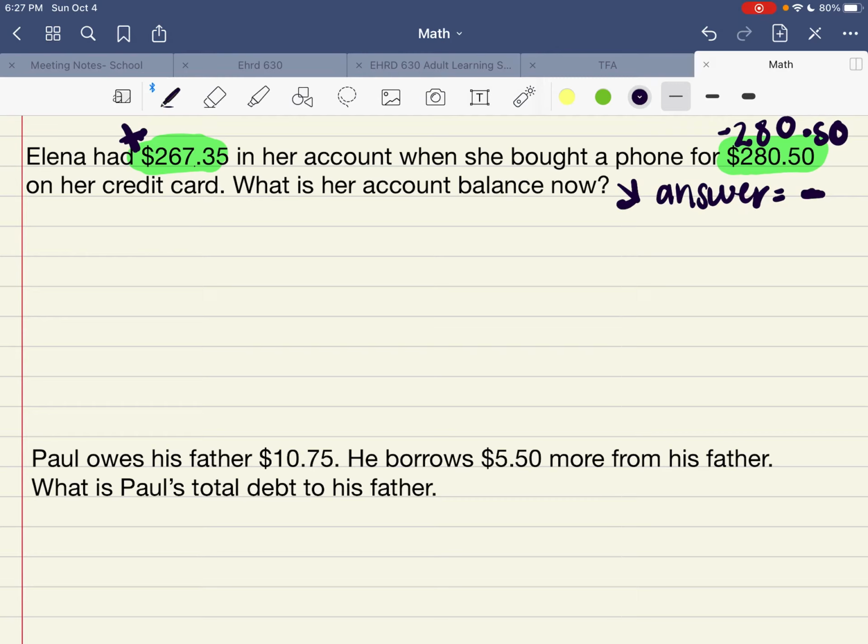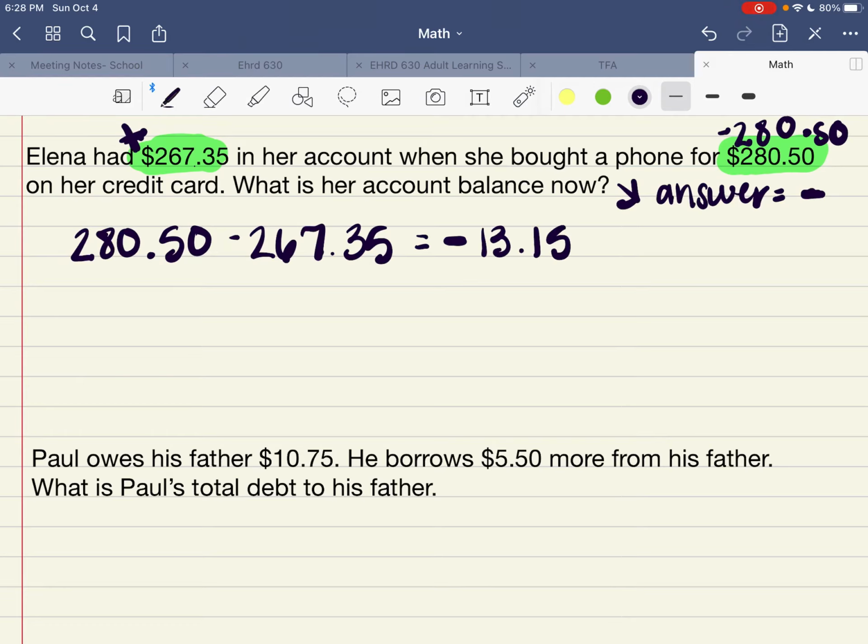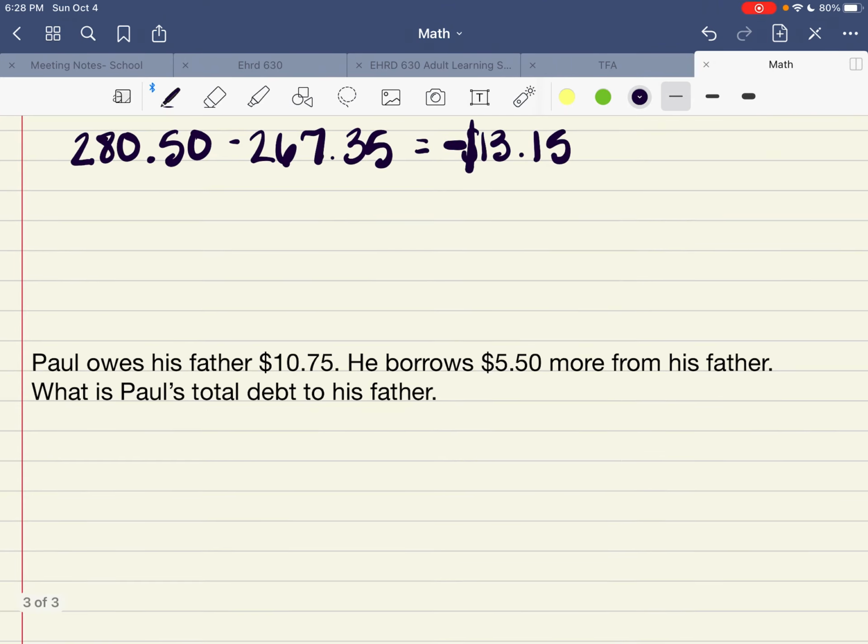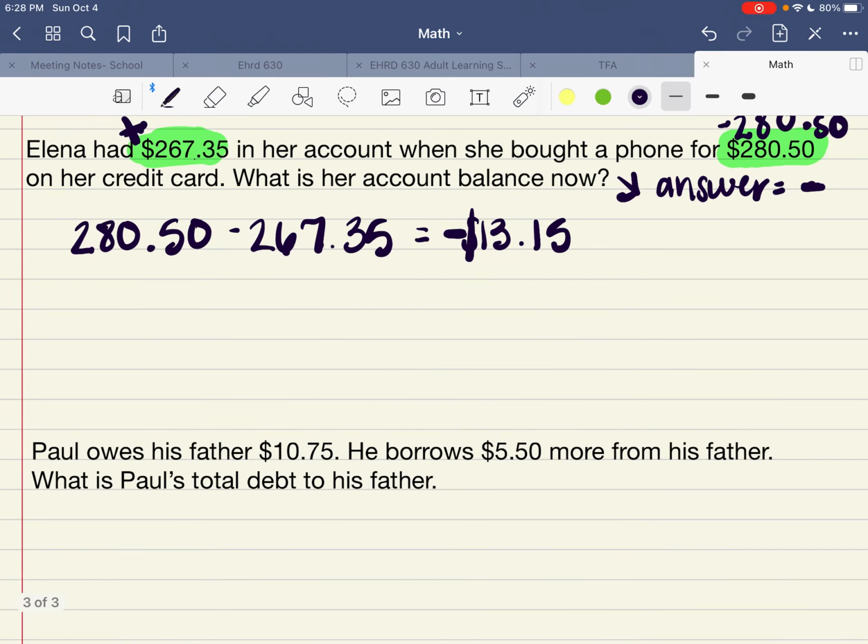So when we have different signs, we subtract and keep the sign of the larger number. And when I do 280.5 minus 267.35, I get 13.15. So she spent $13.15 more than what she had.